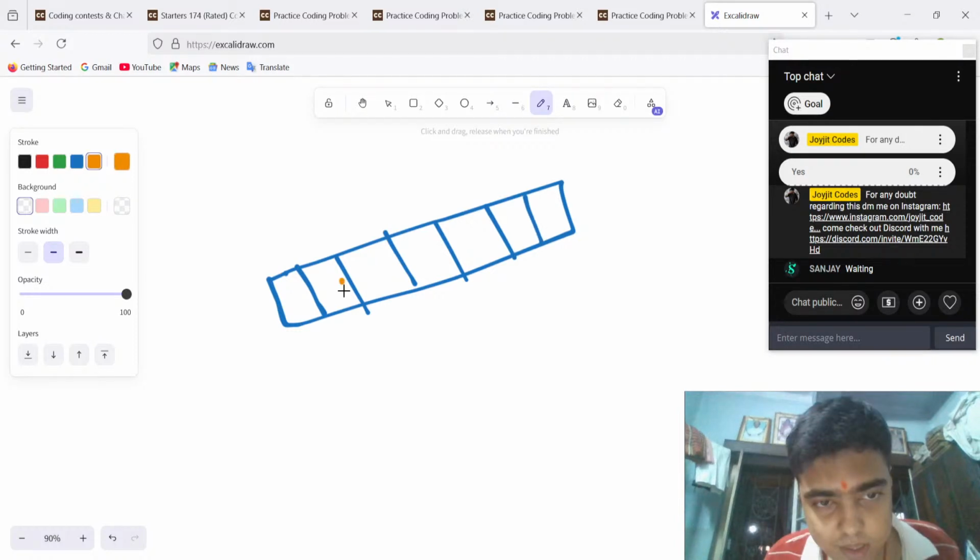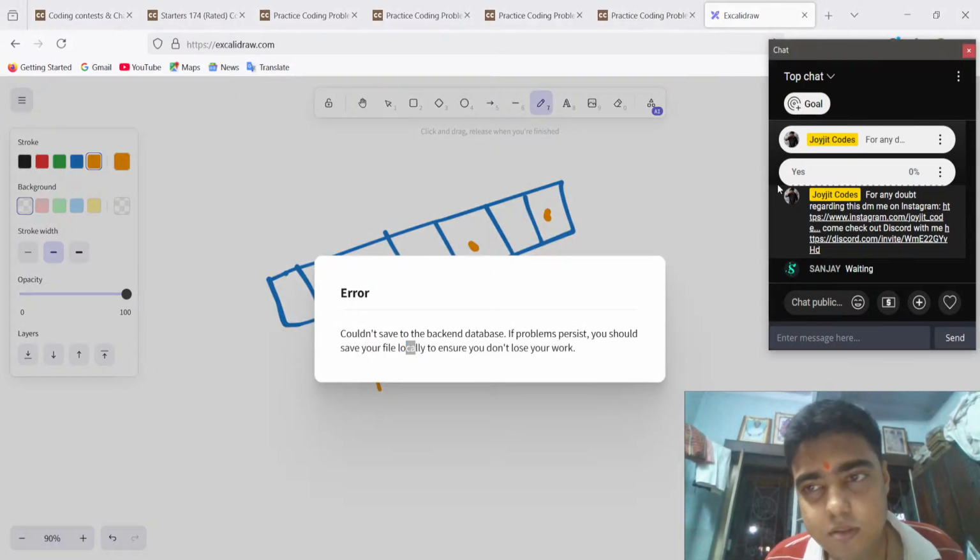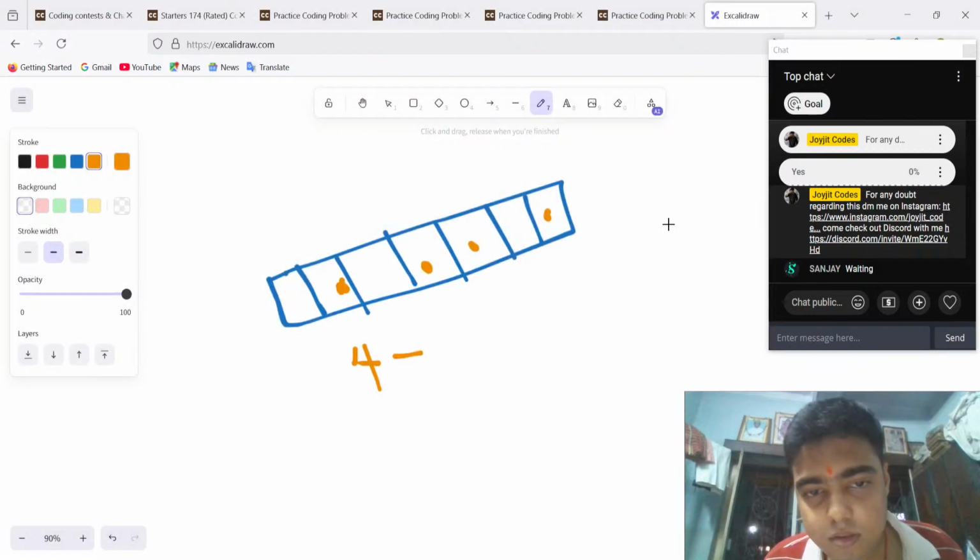I take this element, then this element, then this element, then this element. So this is a subsequence. What is its score? Its score is going to be 4 plus the GCD of all the elements.